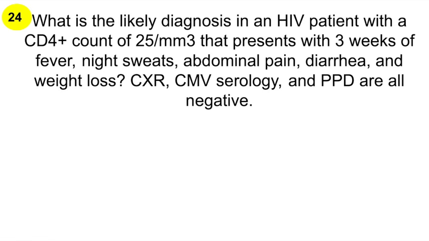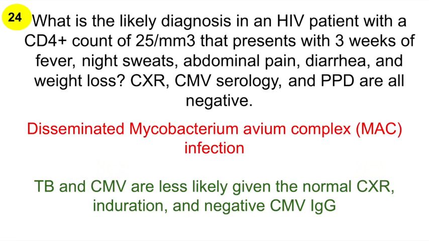Disseminated Mycobacterium avium complex or MAC infection. So, TB and CMV are less likely due to the fact that they have a normal chest x-ray and also that the CMV serology is negative.